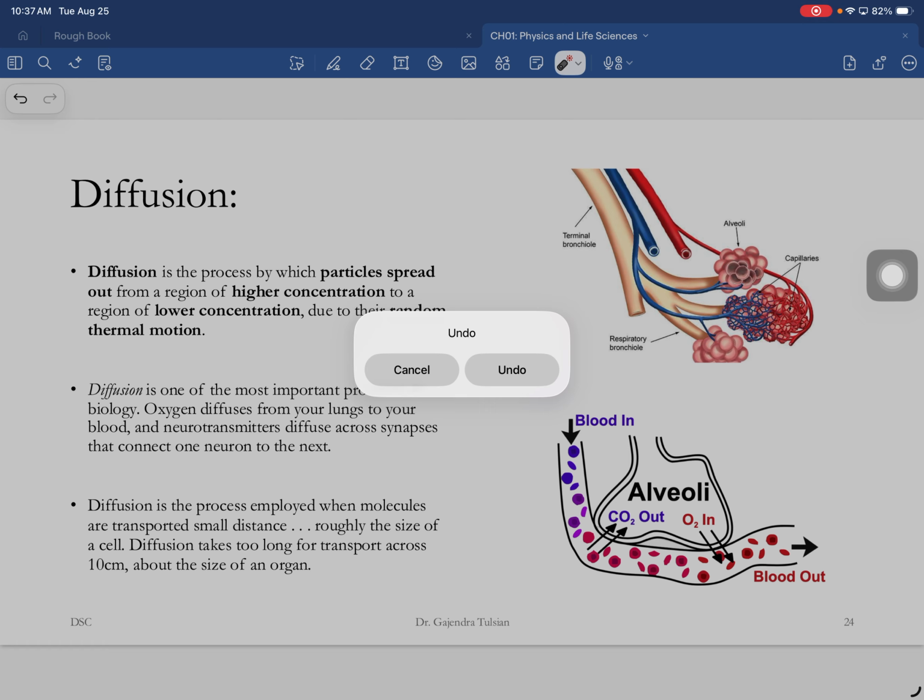So whenever you're employing diffusion, it is to move stuff small distances. As soon as something becomes big, you have to have plumbing to transport stuff long distances so you can get close to the cells.